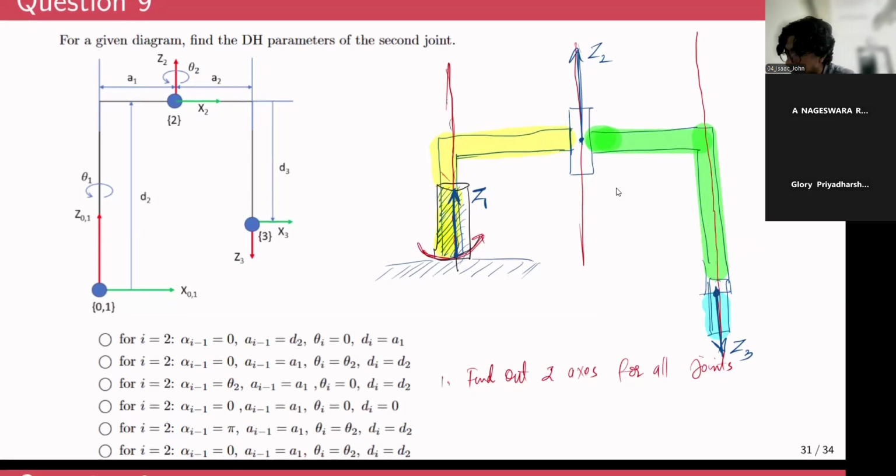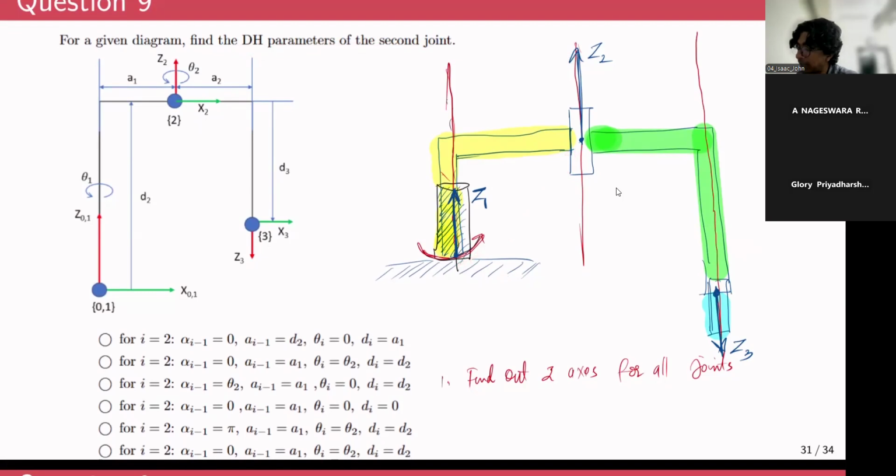The question asks, find the DH parameters of the second joint. So what you have to do is find out the DH parameters for this Z2, so that you can relate Z1 to Z2 using DH parameters.